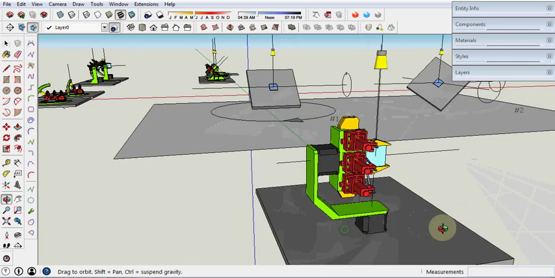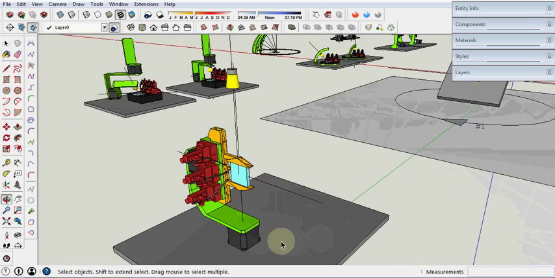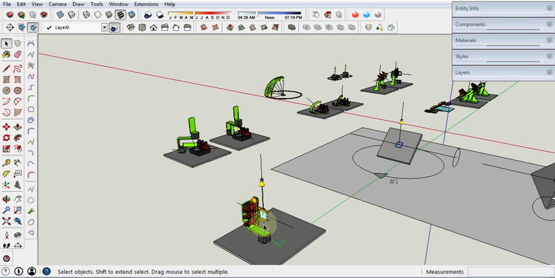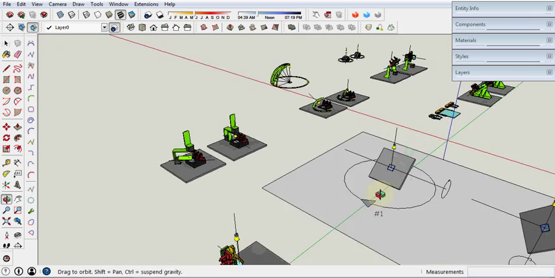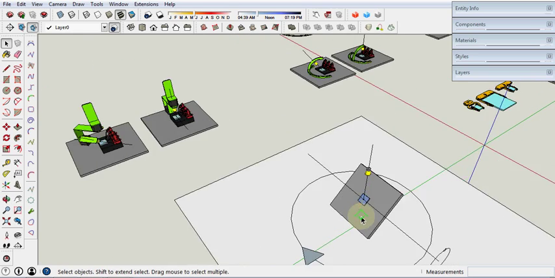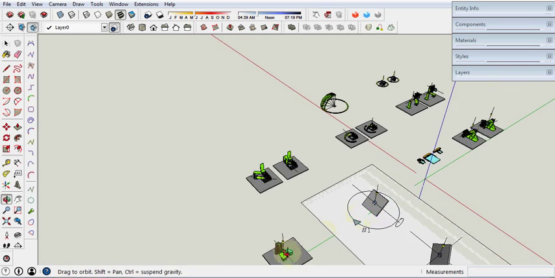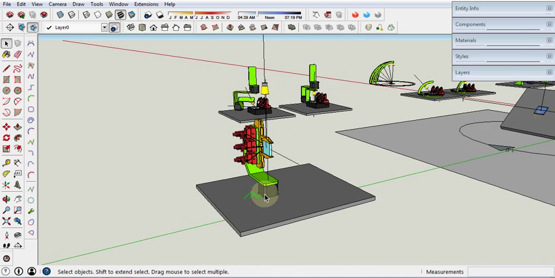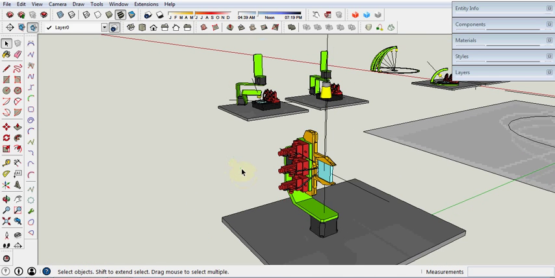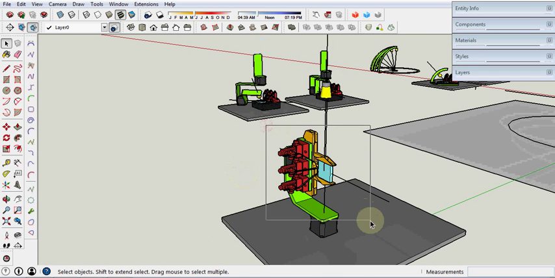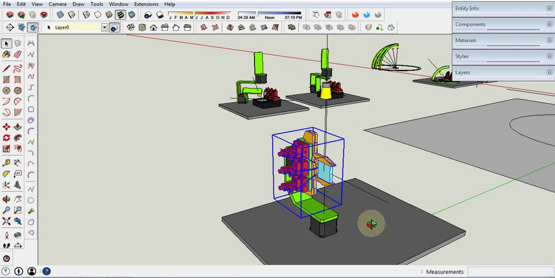So let's see what this does. In fact, this is the same thing as having this configuration. As you can see, we can rotate 360. I'm gonna simulate that right away.